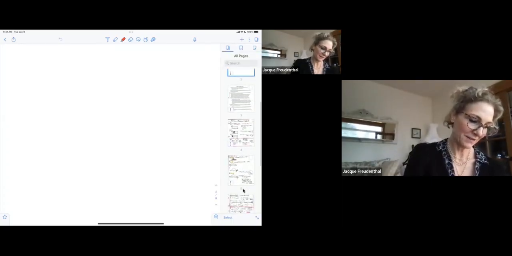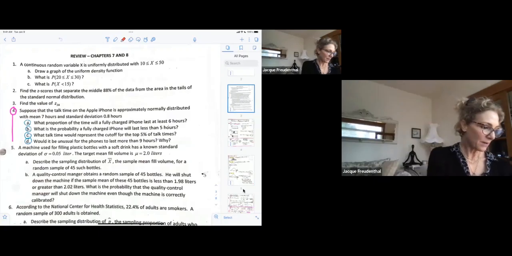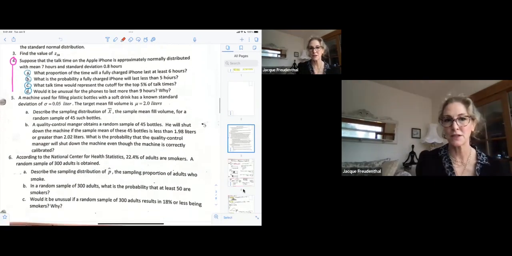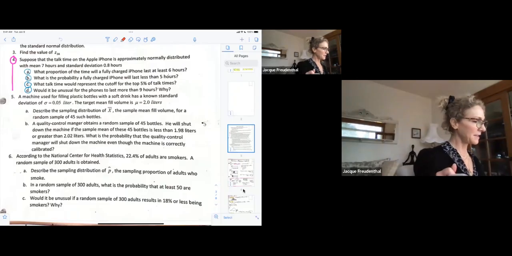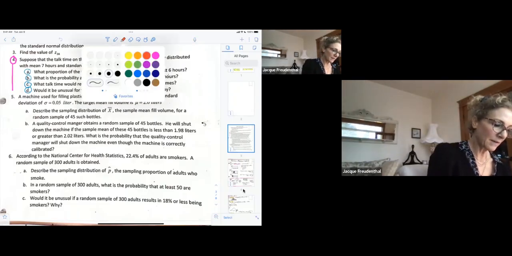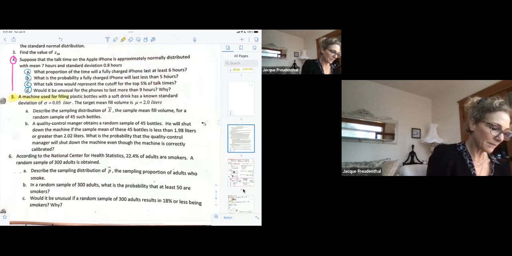Oh, I did it there. That's funny. Okay. So I do want to talk about the first 4, but I want to jump into 5 and 6 because we just looked at the distribution of the sample mean and the sample proportion. So let's first go here. Number 5.